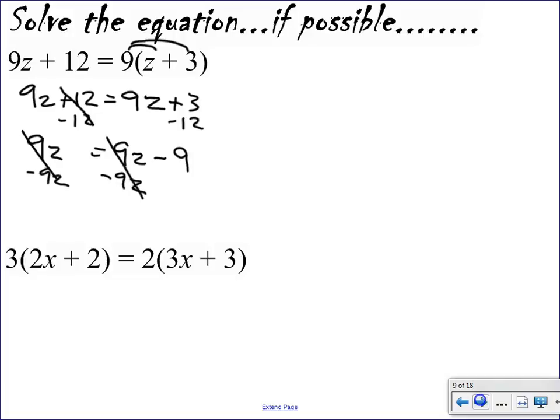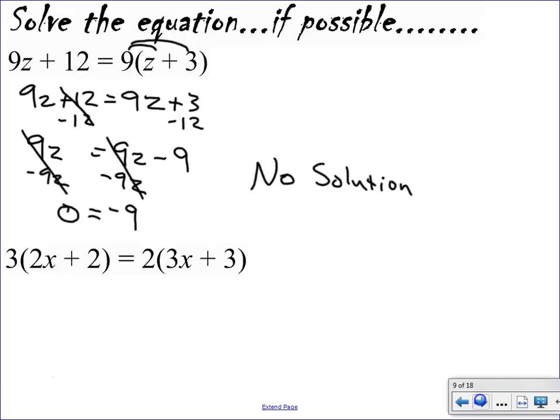Notice when that happens, they disappear. And I have nothing left on the left side of the equation. Negative 9 on the right side. So the equation now reads 0 equals negative 9. Last time I checked, that's not a true statement. So there's no possible solution that will work for z in this case that will make this equation true.